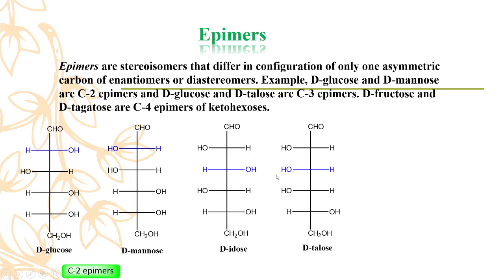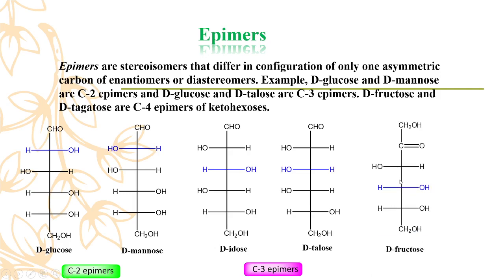So only the configuration of these two chiral centers differs; the others are the same. Therefore D-talose and D-idose are epimers of each other, and the chiral carbon is the third carbon atom. Therefore here we can write C3 epimers. Therefore D-idose and D-talose are C3 epimers.